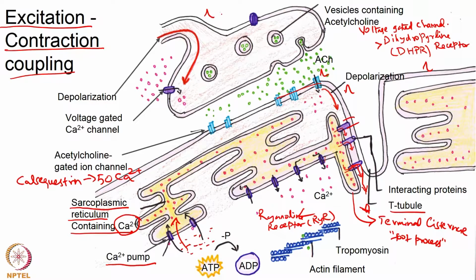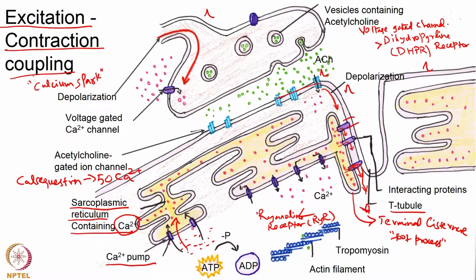When it reaches the T tubule, there are specialized channels called dihydropyridine receptor channels, which are depolarization sensitive, voltage gated, and when they open, they also open neighboring ryanodine receptors. So, these ryanodine receptors cause a great outflux of calcium, leading to a situation called a calcium spark. The amount of calcium that is released is so great that this is called a calcium spark.